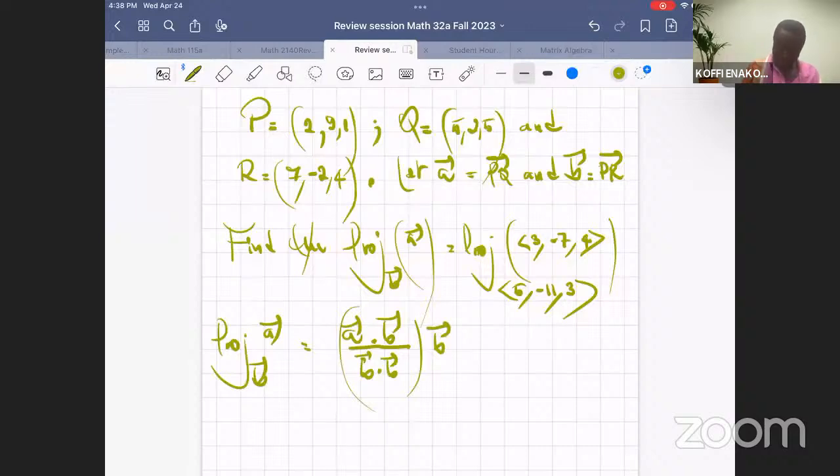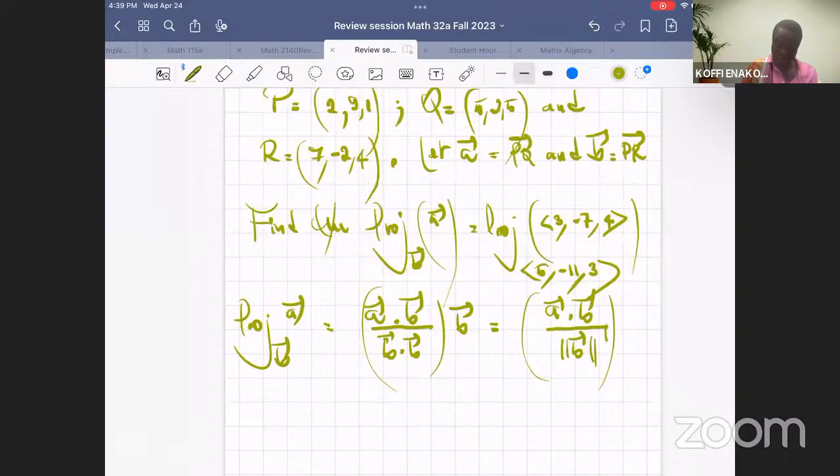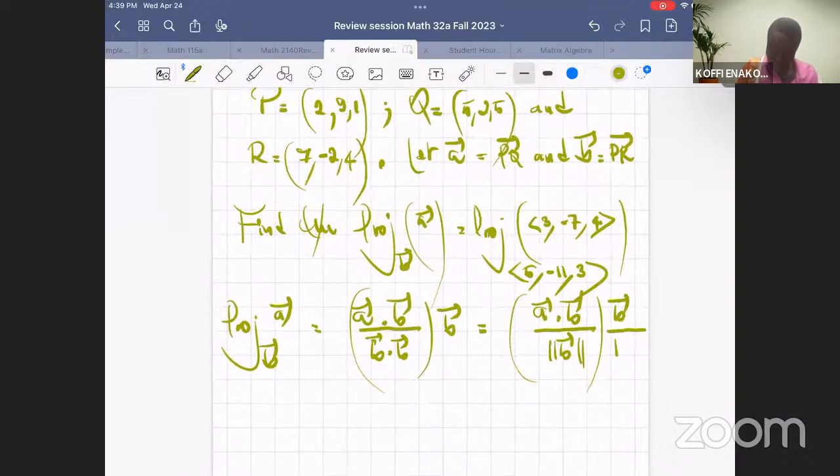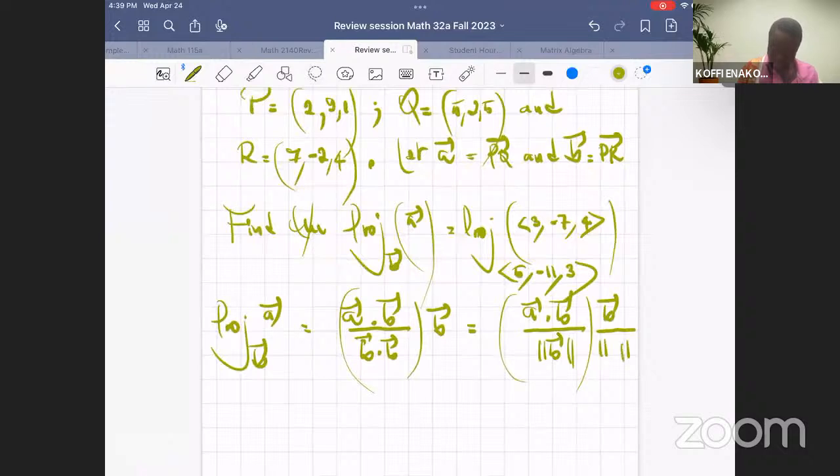Or if you prefer, you can also write it as A dot B divided by the magnitude of B, times the direction vector of B. It's one of them, and it will do the same thing.